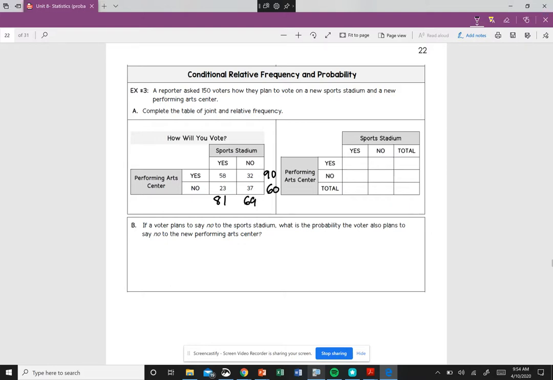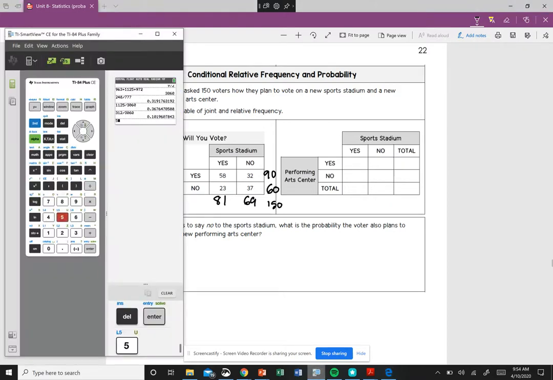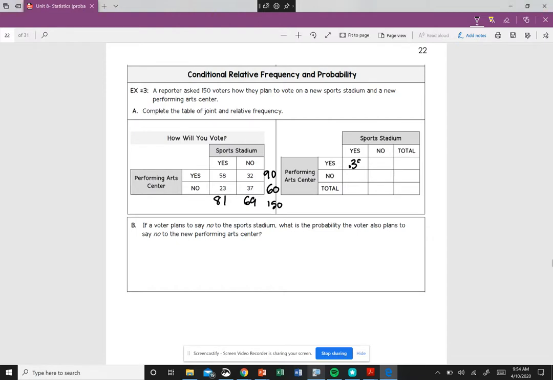So what we're going to do is figure out those percentages. We have to figure out totals. So it's 90 plus 60 is 150. So we're going to do 58 divided by 150, and we get 0.39.